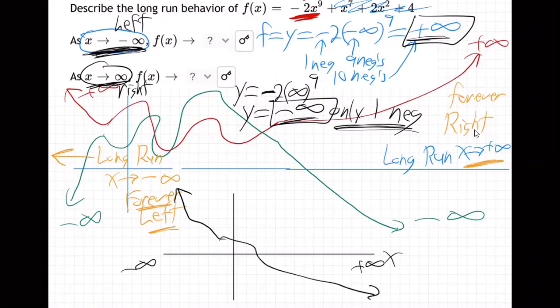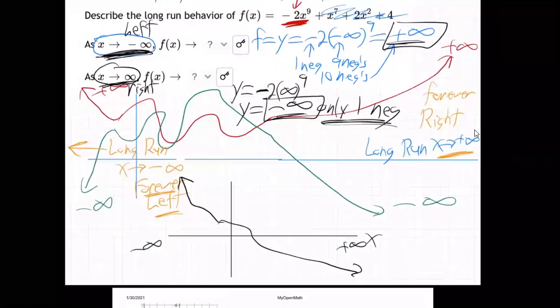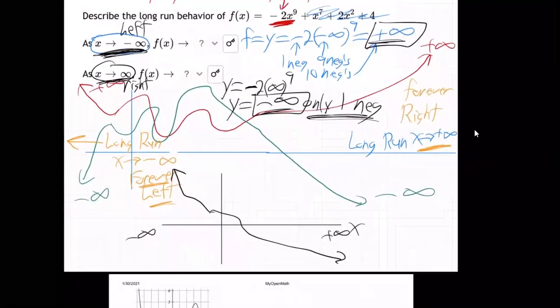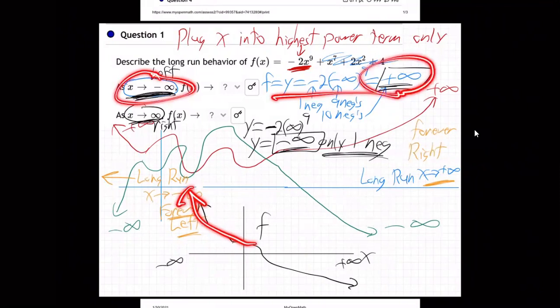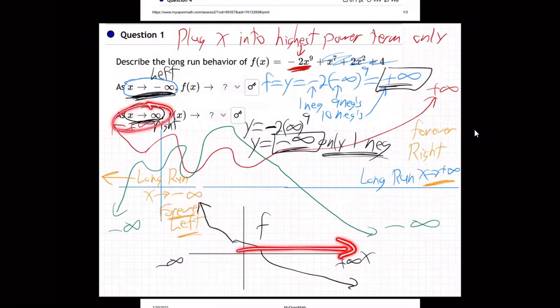Does that make sense? So that's generally what that function is going to look like. It's going up to the left. How do you know? Because as x goes to the left forever, the function, the y, the height, goes up to positive infinity. And as x goes to positive infinity to the right, the function goes down to negative infinity, down forever. There we go.